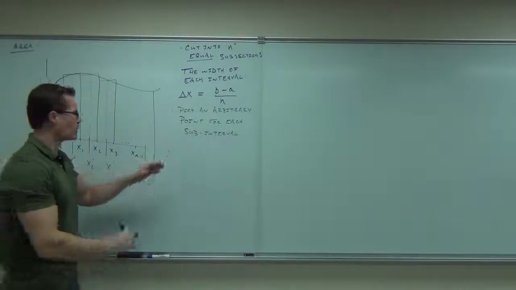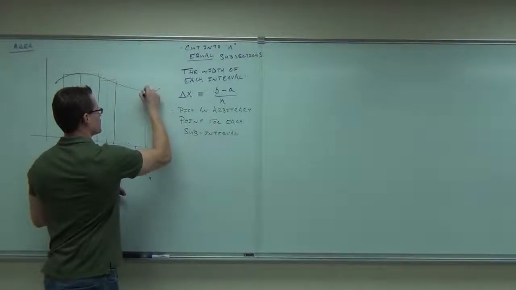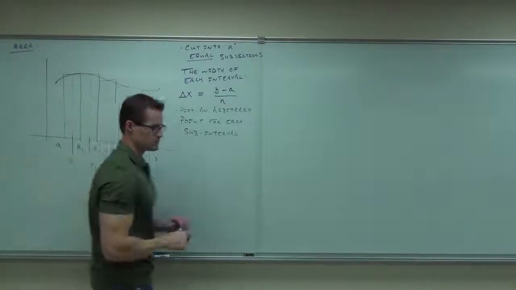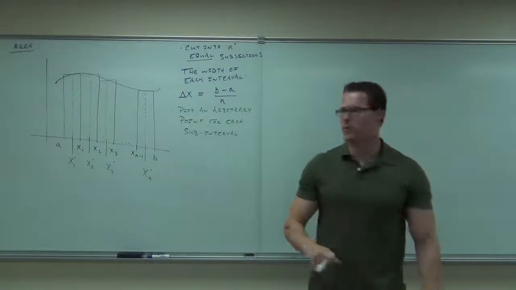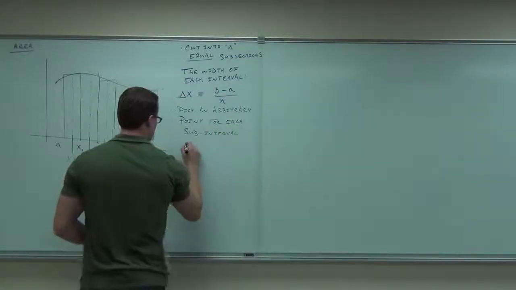And you keep going all the way down. The last one would have this height. So we pick an arbitrary point for each subsection and make a rectangle.